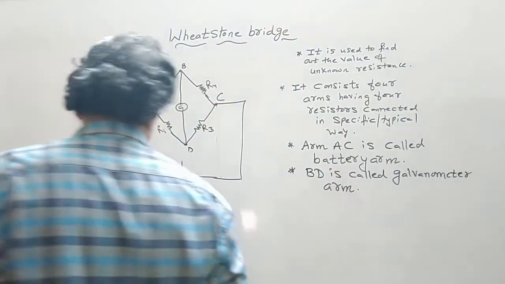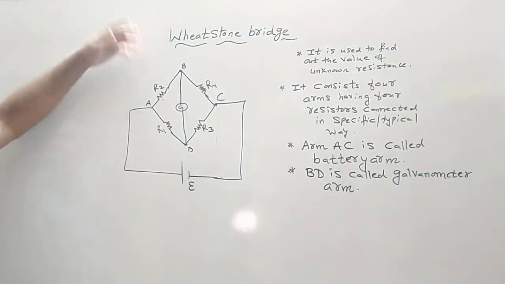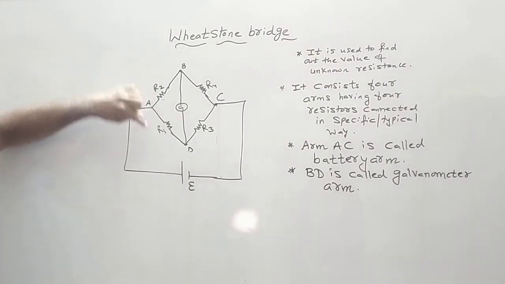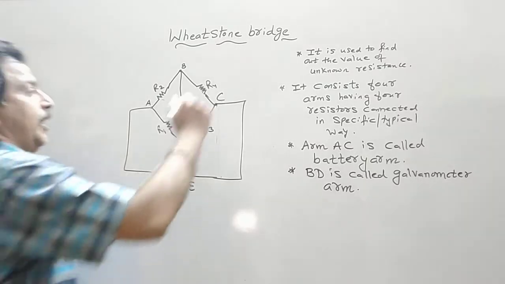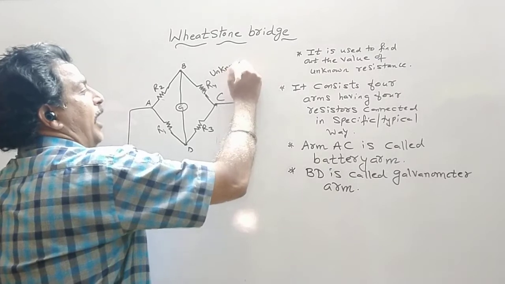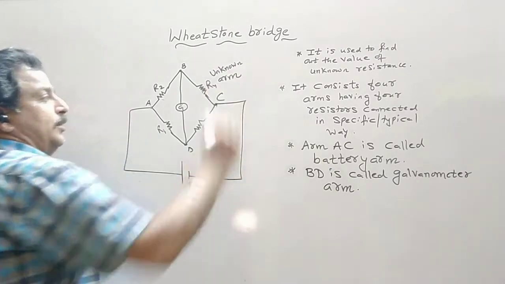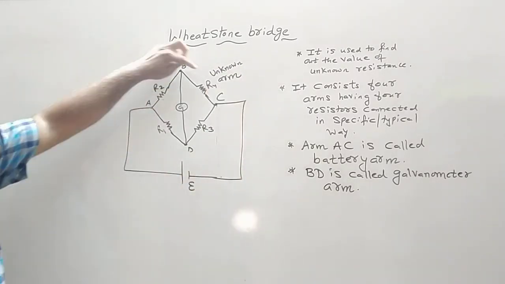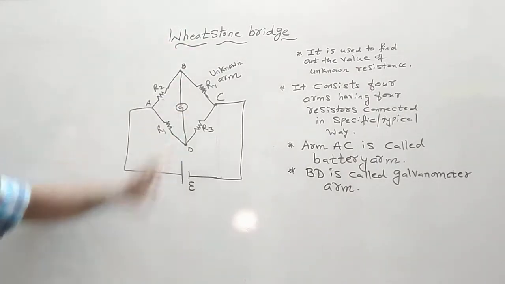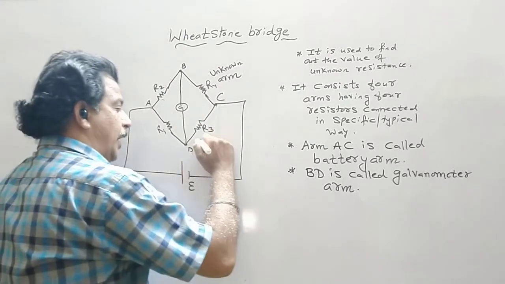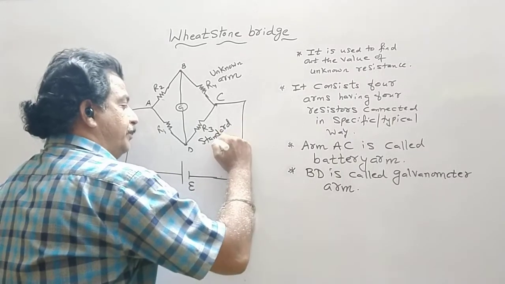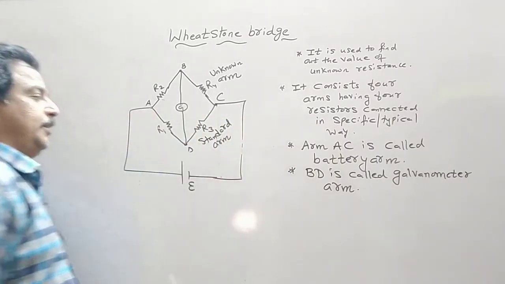Now how does it work? The value of R1 and R2 is fixed. Let us assume the value of R4 is not known to us, so that will be referred to as the unknown arm. R3 is actually a variable arm, or a standard arm.